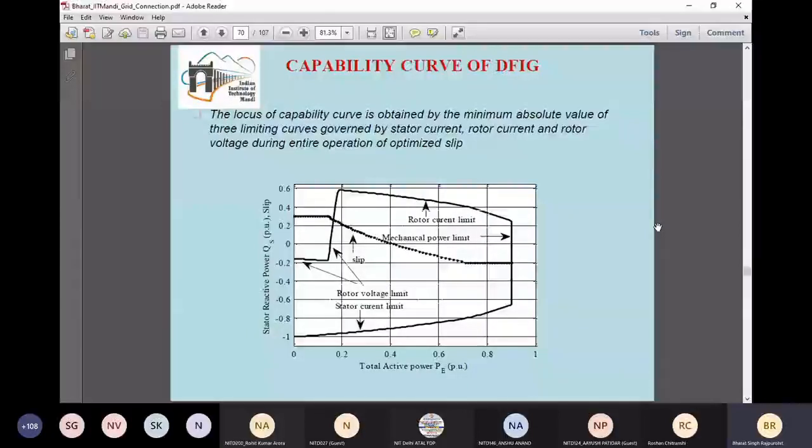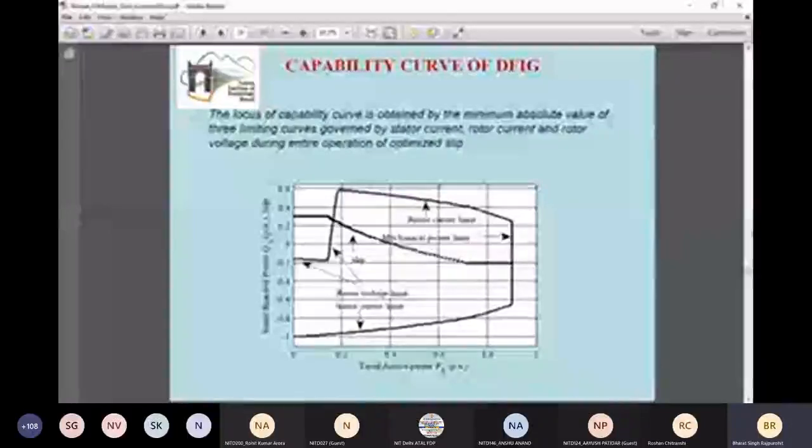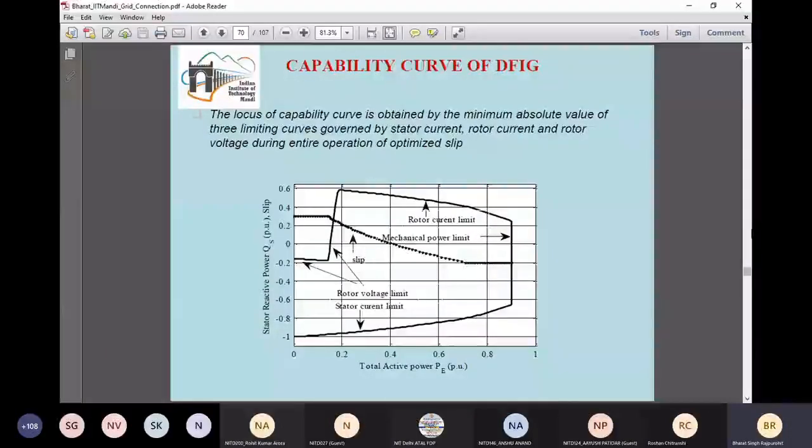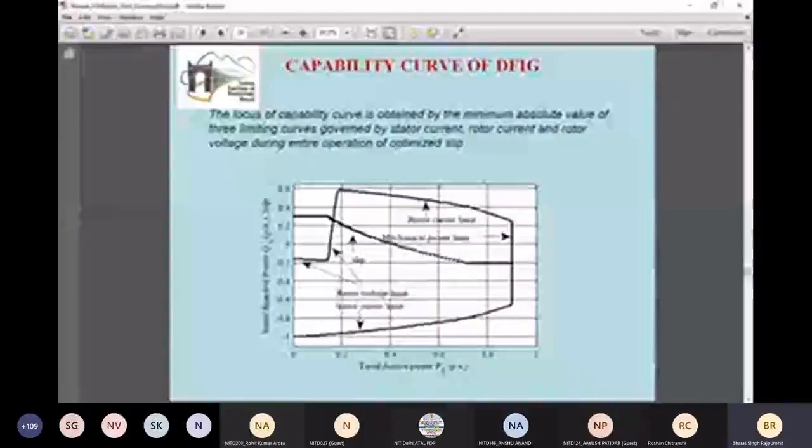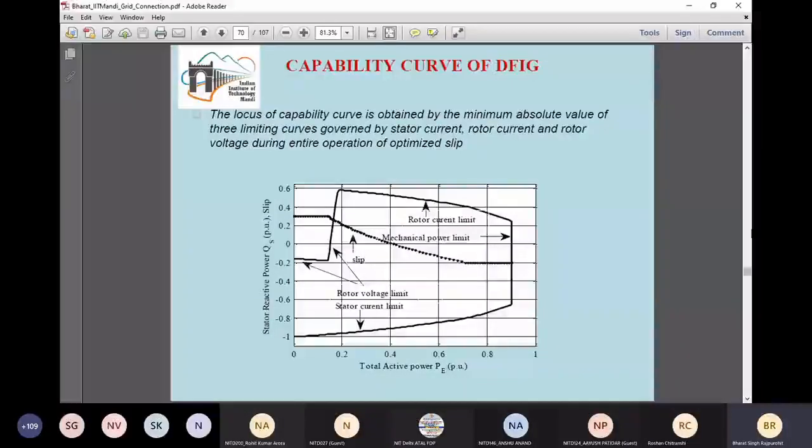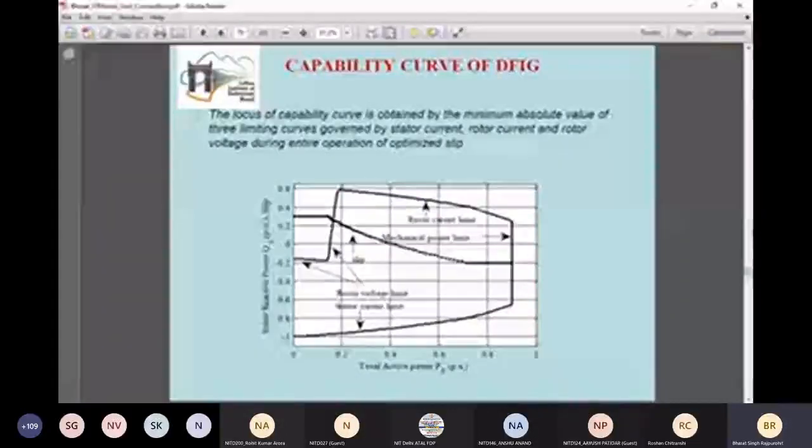Here you can see that there are limits. The lower limit is the stator current limit, and the upper limit, on the right hand side, is mostly the rotor current limit. But for the low slip values, the limit is coming from the rotor voltage.